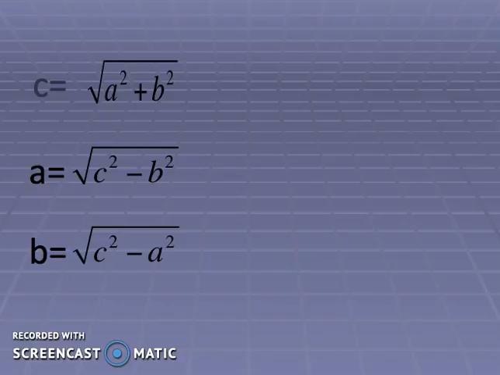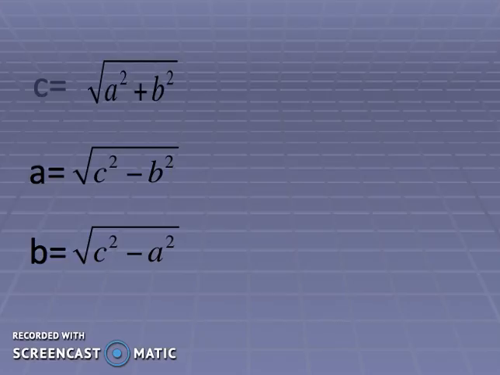Now, an easy way of writing these down, to remember when you're doing your assessments or even just the exercises in your textbook, is to simplify them down a little bit. C equals the square root of A squared plus B squared, if you're looking for the length of the hypotenuse.